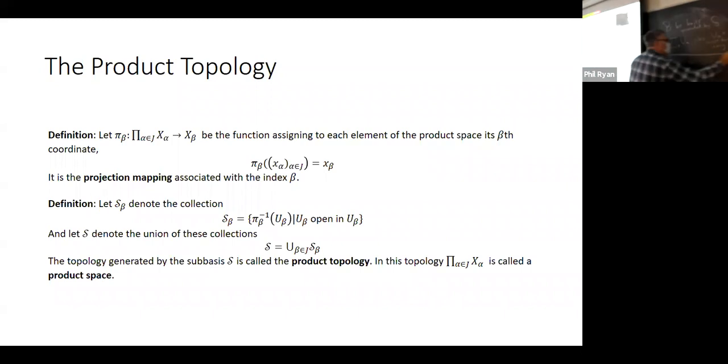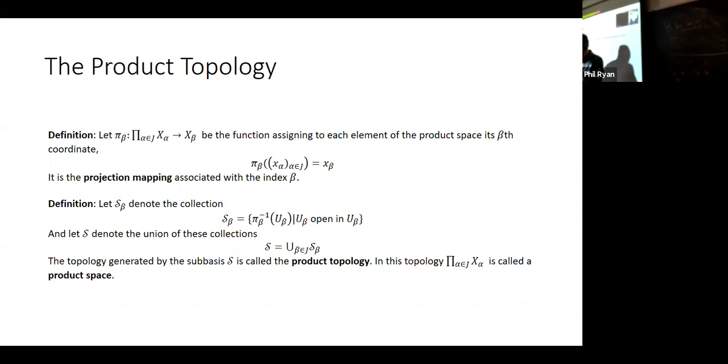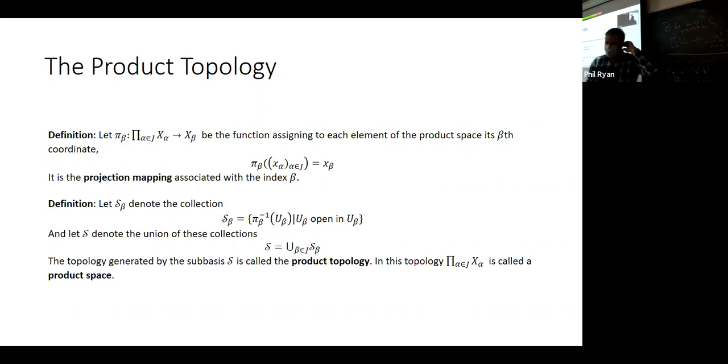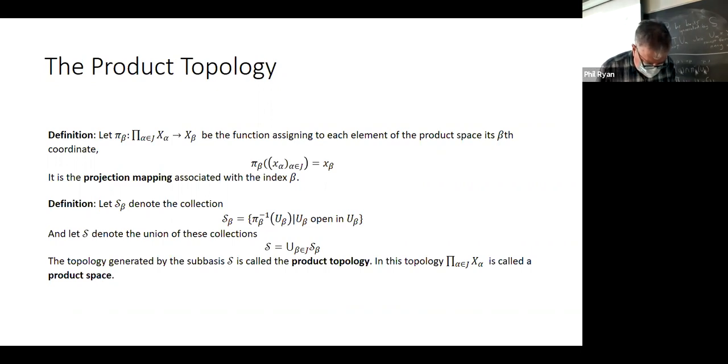So that's what a typical element is going to look like. So you can just keep on intersecting, but since it's only finite intersections, only in finitely many places, are you not going to get the whole space in the product?